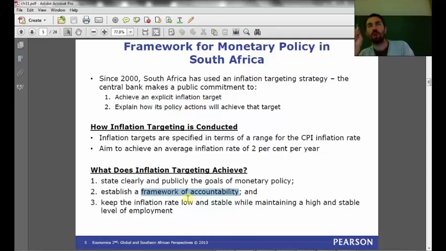If not, you are not achieving your mandate, right? Clearly accountable. And what it also does is it enables, by targeting some level, it enables us to keep inflation stable at that level. Okay, it's important because remember that stability is important for maintaining stability of employment.